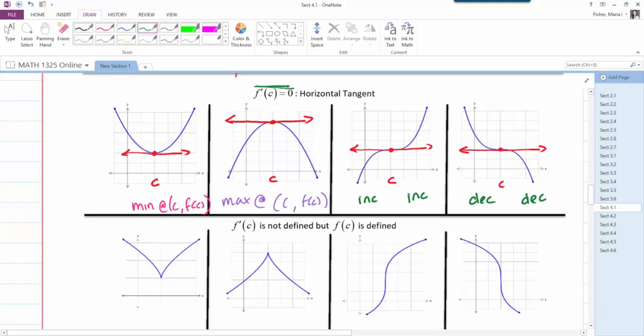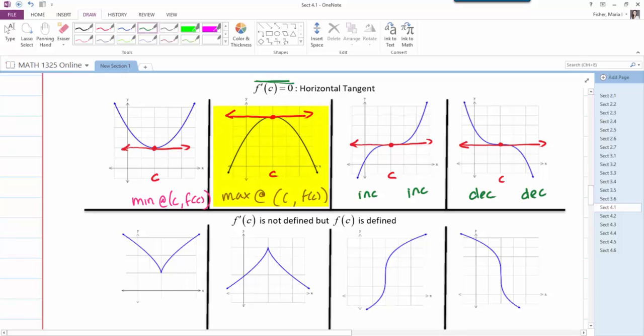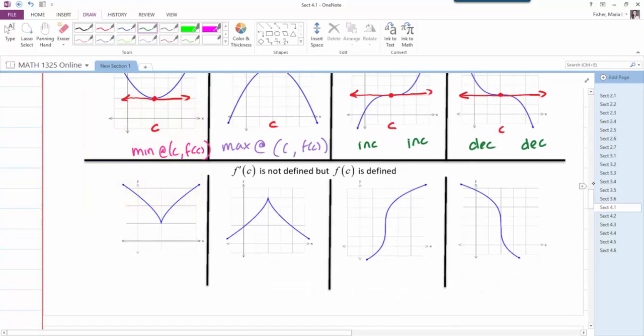So a function has a horizontal tangent when the first derivative is equal to 0. You can have a minimum or maximum value when the first derivative is equal to 0 only if you change from increasing to decreasing for a max or decreasing to increasing for a min. Your first derivative is not going to be defined where you have cusps like this, or where you have vertical tangents, or if you are not defined, so you have a vertical asymptote at that point.